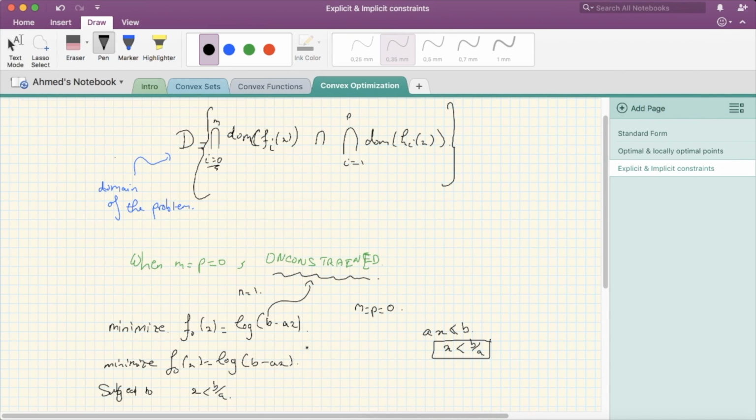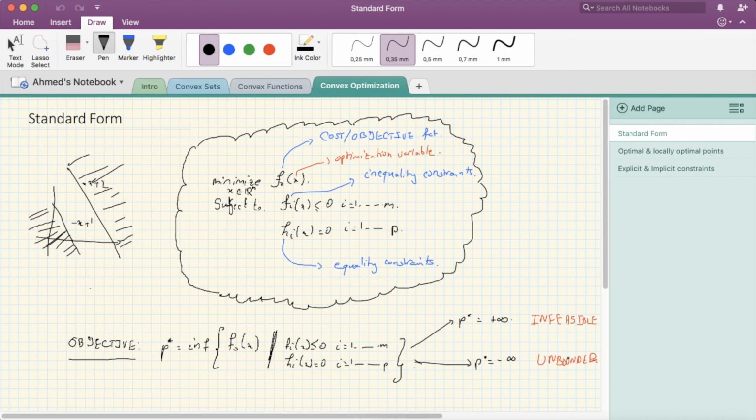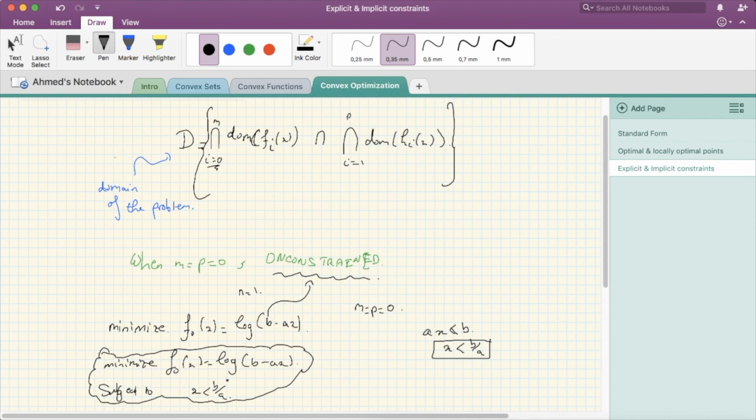Now, one might ask, are those two equivalent? Let's be clear here. If I give you the above problem, the solution is clearly what? It's minus infinity. And therefore, going back here, the problem is unbounded, right? However, if you want a feasible optimal point or a locally optimal point, I don't know what you want, but at least let's say you want one of those three, which is most probably what you want, then you have to at least work in the domain of f.